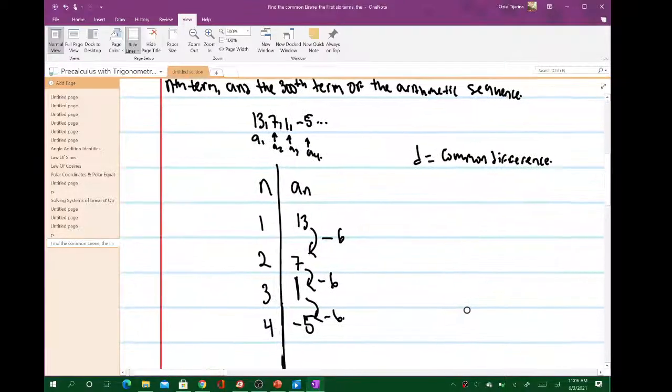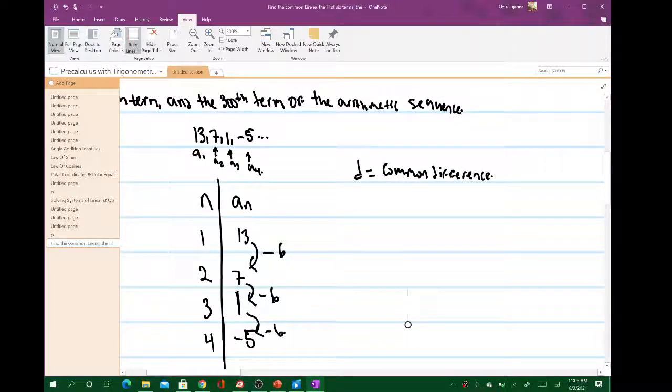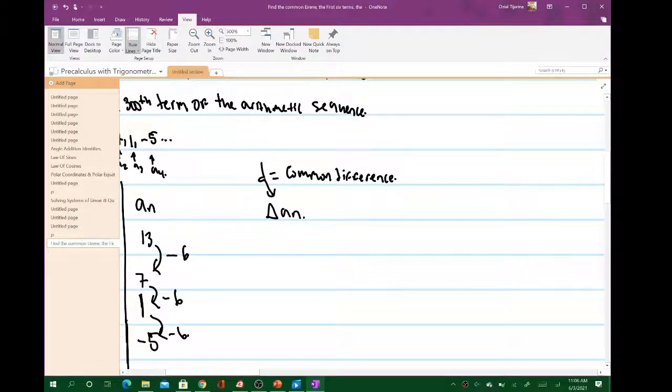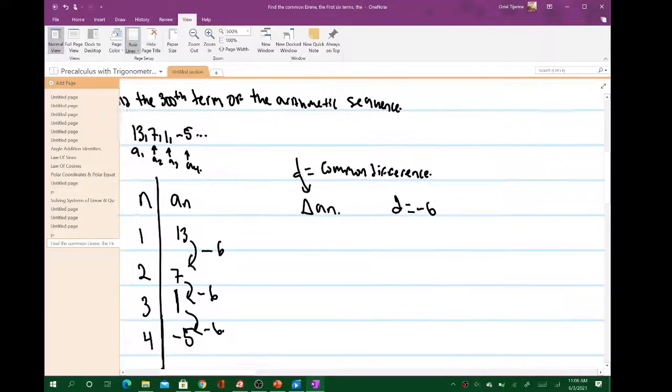The common difference is the change in a sub n. Now, we know that the change in a sub n is -6, so d equals -6.